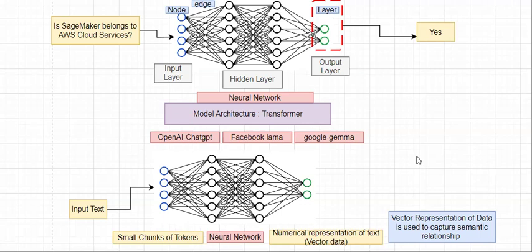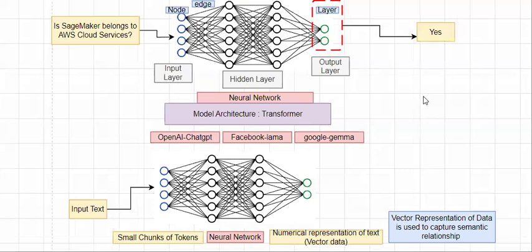If I provide the first sentence, I am happy, then the semantic relation stored is that happy belongs to a positive sentence, a feeling expression.